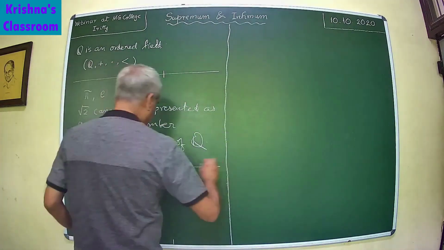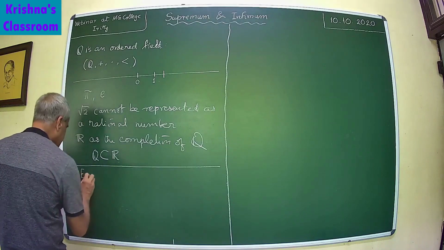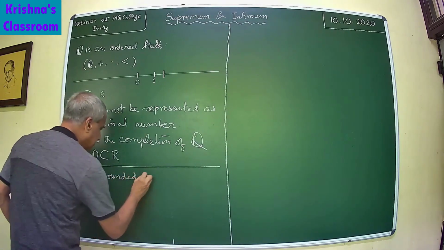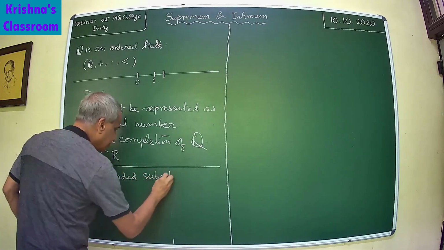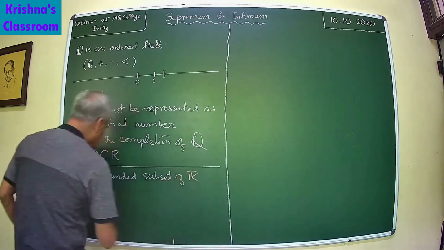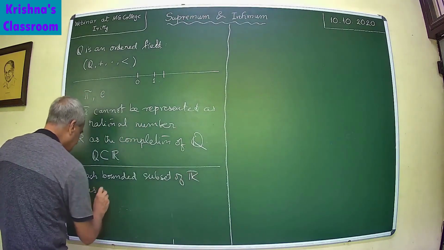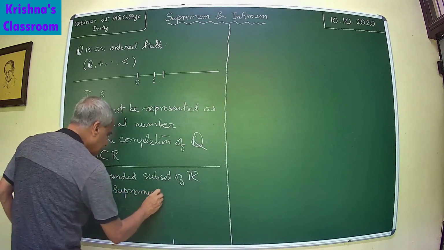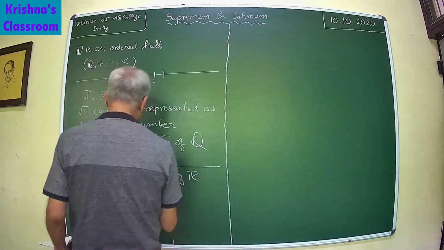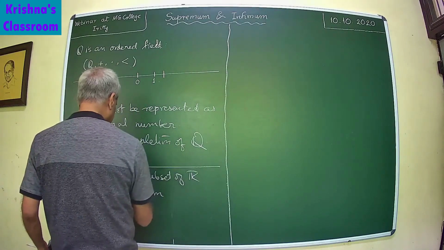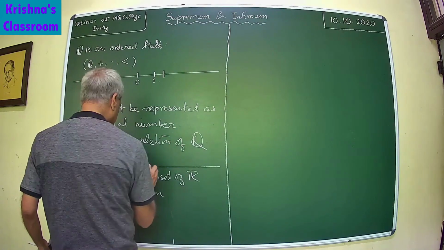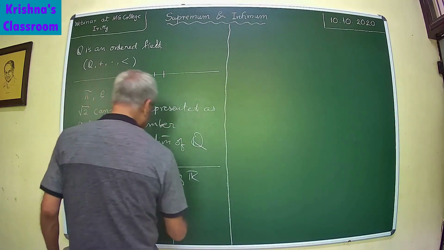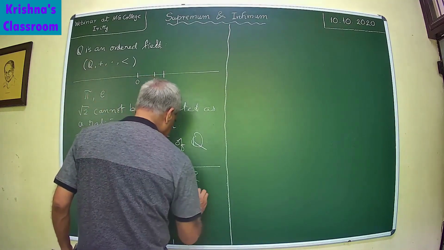This means the following, that each bounded subset of R has a supremum if bounded above, or if you remove this, then it has a supremum and an infimum.